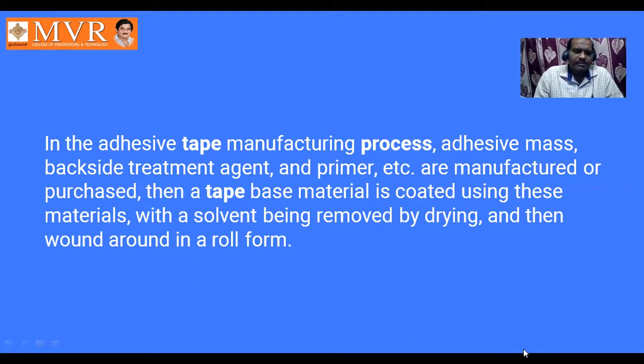Simply, in this principle they have clearly mentioned what are the elements we are going to use, how we are going to prepare, and how it is going to be delivered in the form of a product. So this is the simple manufacturing method, that is the principle. An adhesive mass, backside treatment agent and a primer, with a solvent, and we are going to roll it physically to convert it into a product form.